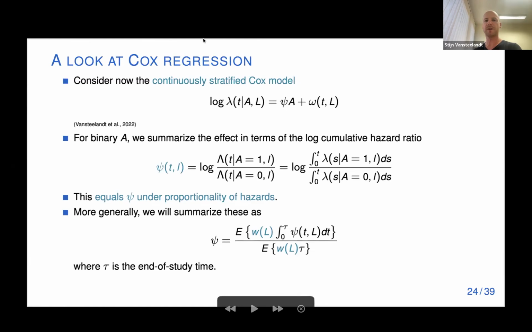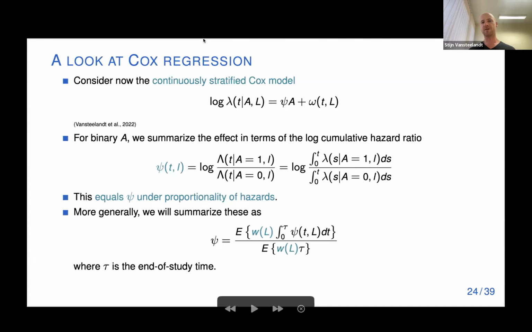Suppose there's an interaction between A and L, a parametric interaction in terms of a product term. How can we estimate that interaction to learn about treatment effect heterogeneity, or to get a bit closer to conditional average treatment effects?